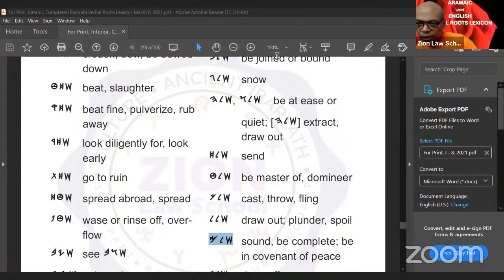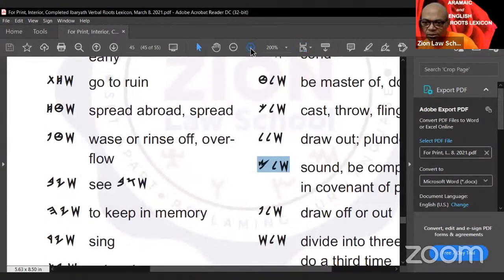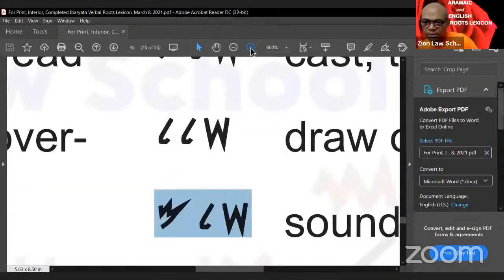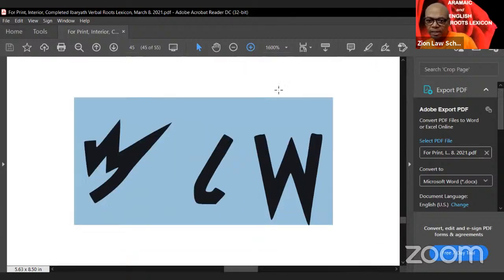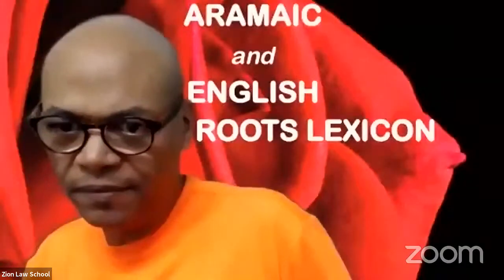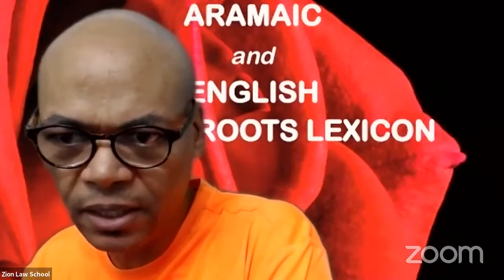Let me increase the size of this so everybody can see it, so there's no issue. See the highlighted part? Everybody see that? That's very clear. See, sha, la, ma. Let's go back to the video, and I'll show you that root word in the video.